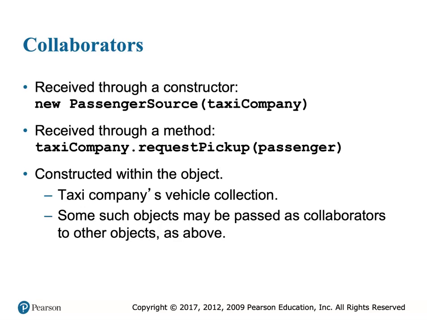So depending on where the construction takes place, it will allow certain tasks in the code to be accomplished more easily. So for instance, some things, such as the amount of vehicles the taxi company has, doesn't need any other object in order to be created. That is just a property of the taxi company.